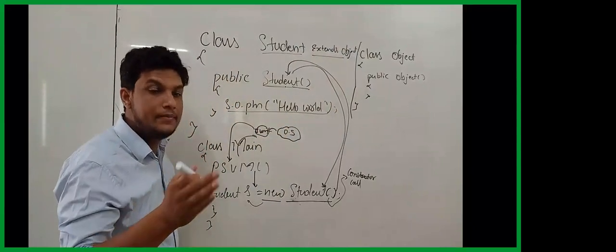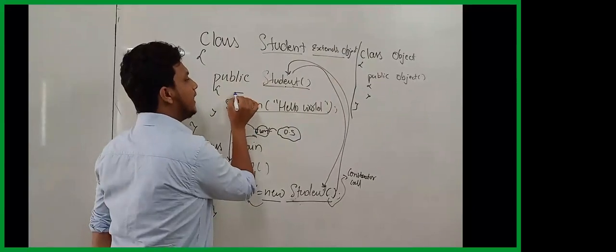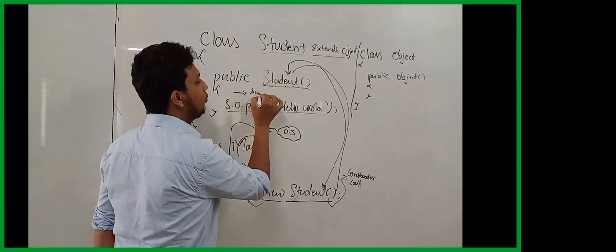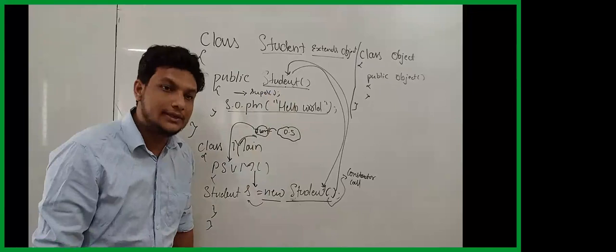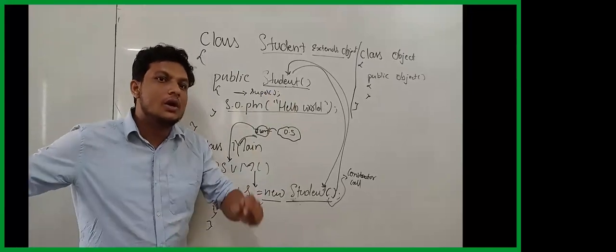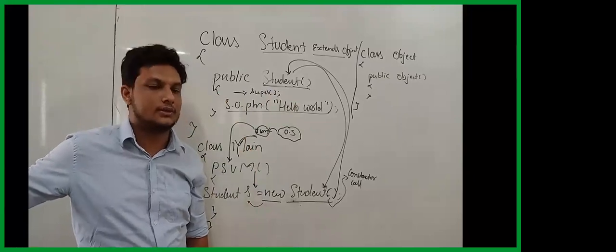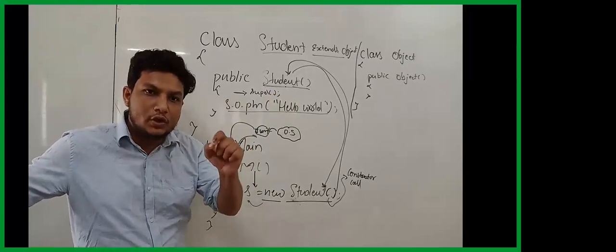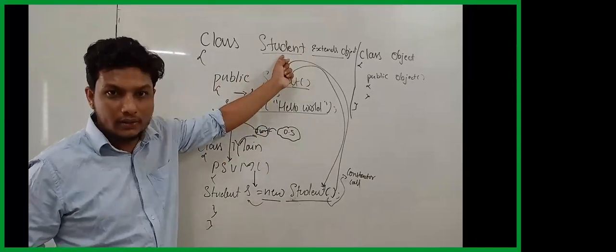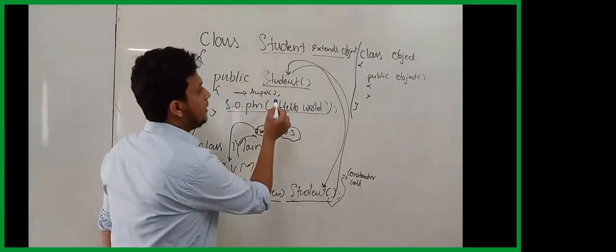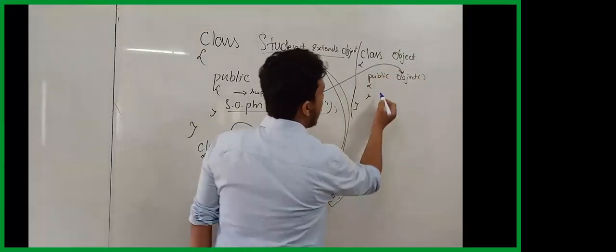At that time, the JVM will also do one more thing: in the first line of the constructor, it will call the super method. The super method is going to call the parent class constructor. So who is the parent of this Student? Object. Then immediately from here, it will go to the parent class constructor and execute it.